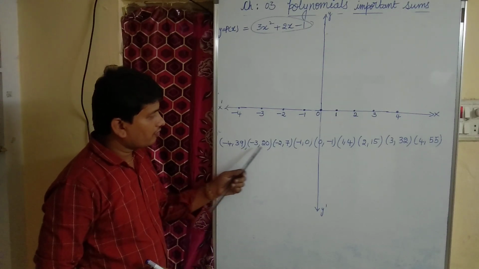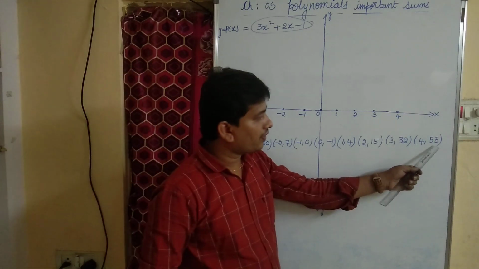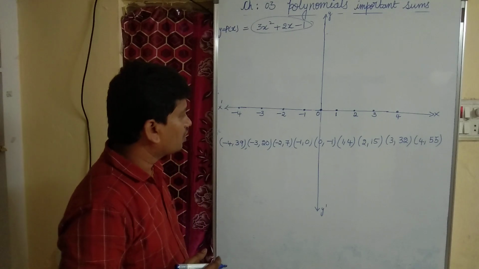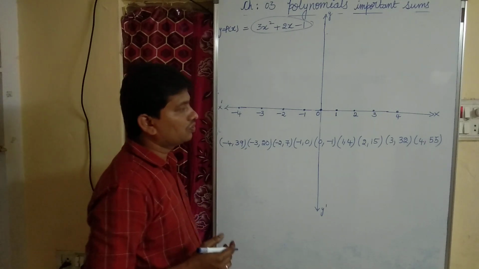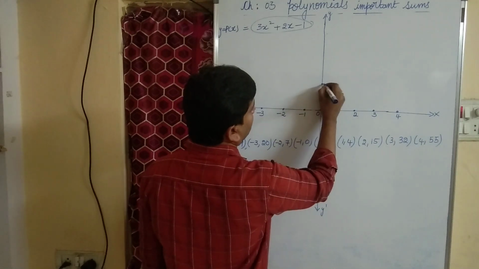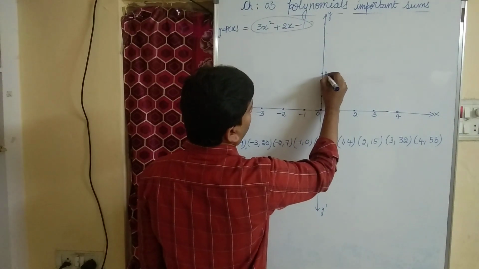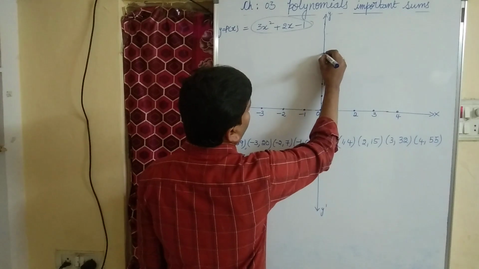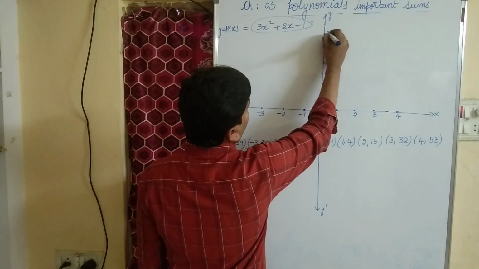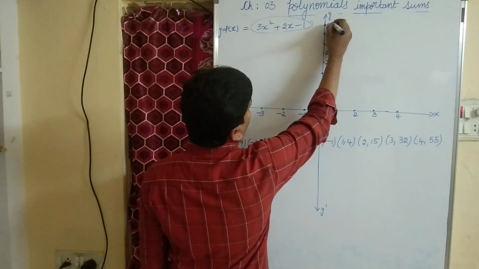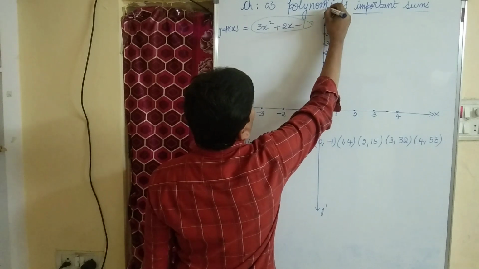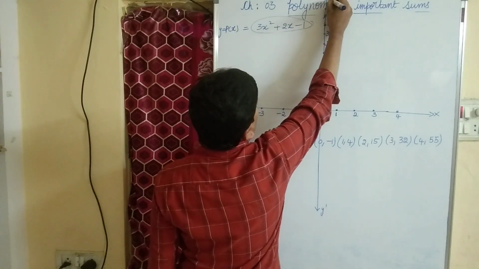Now if you see, on the y-axis we have up to 55. So on the y-axis, let us take 1 centimeter equal to 5 units. 5, 10, 15, 20, 25, 30, 35, 40, 45, 50, 55.